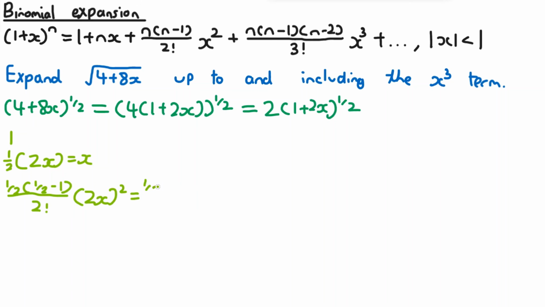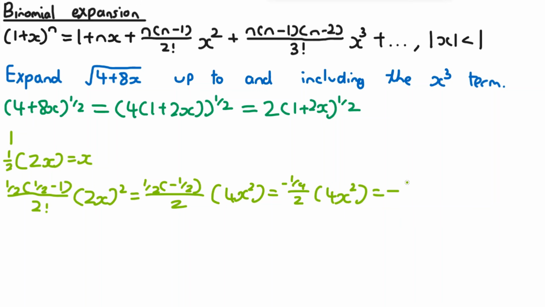This is going to be equal to a half minus a half, and just 2 down here because 2 factorial is just 2, and then 4x squared. This is going to be equal to minus a quarter over 2, 4x squared, which is equal to minus 1 over 8, 4x squared, which is going to be equal to minus half x squared, like this.